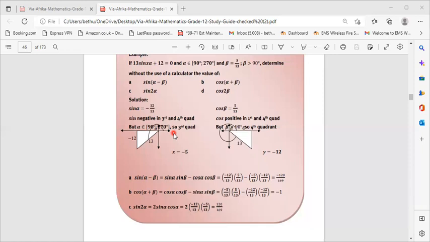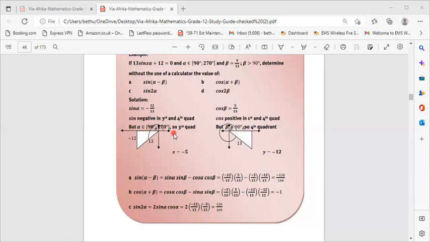Then we need to use the information of cos beta to also get the unknown side, because remember, we need to determine without using the calculator the value of sine alpha minus beta. So again, take your pencil, ruler, and draw yourself a Cartesian plane. And then cos beta is equal to 5/13. That's what we're going to be using.